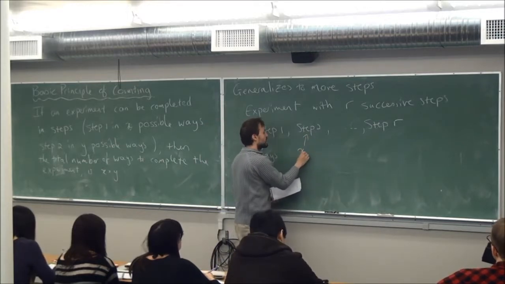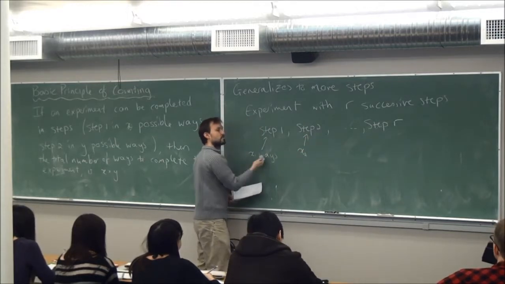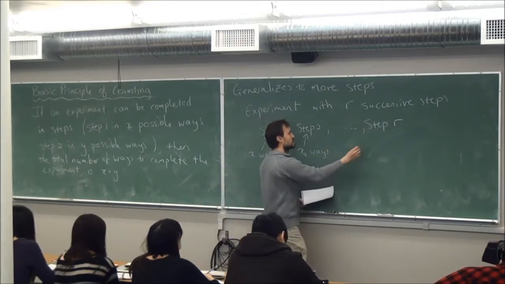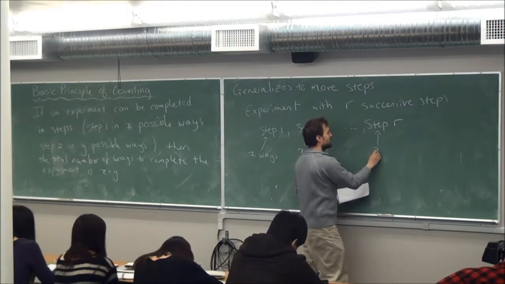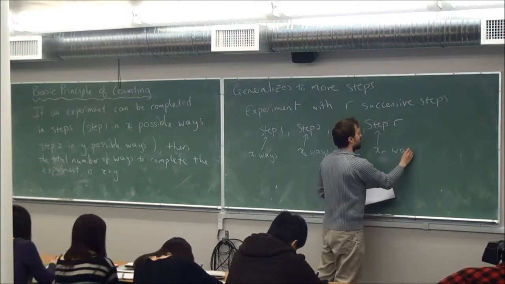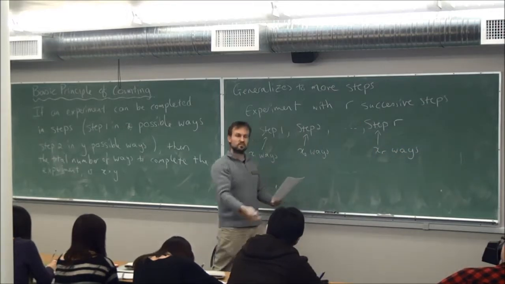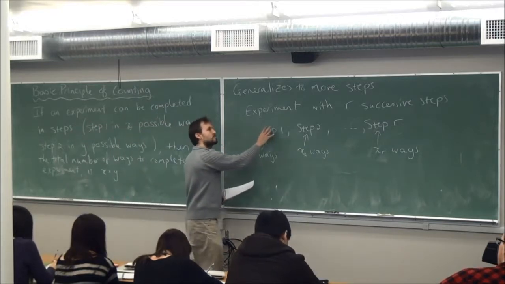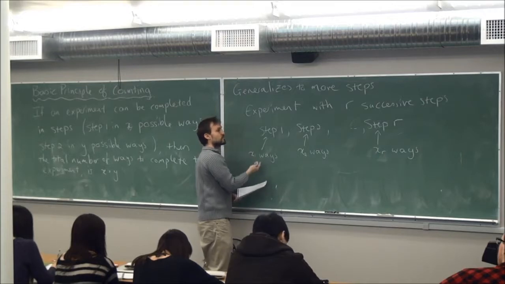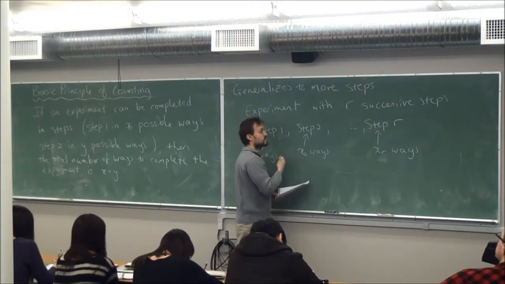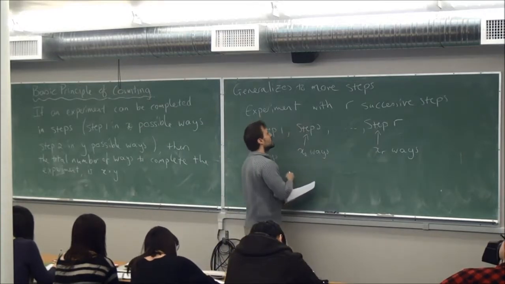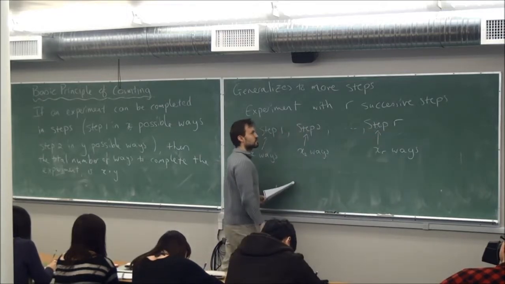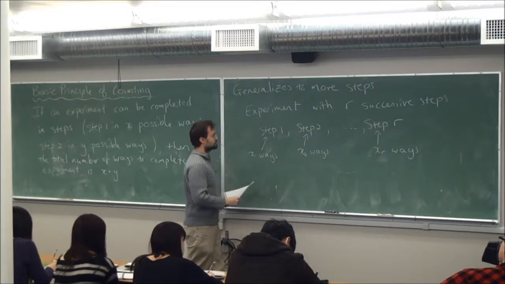Step 2 can be completed in X with a little subscript 2 because the number could be different. So, different number for step 2 potentially, all the way to step R. I'm just generalizing it, so it's going to be a little bit messy when it's more general. Every step has a different number of choices, a different number of ways, potentially, that it can be completed. And my whole experiment consists of all these steps in sequence before I'm done.